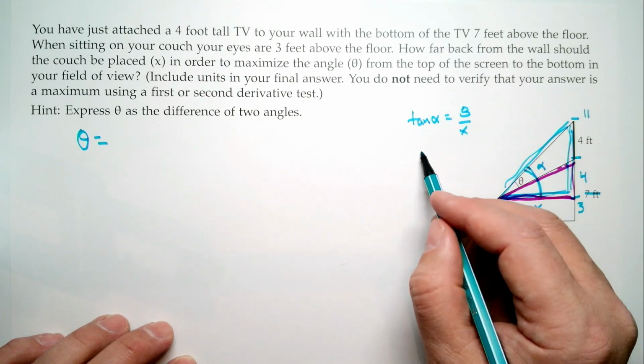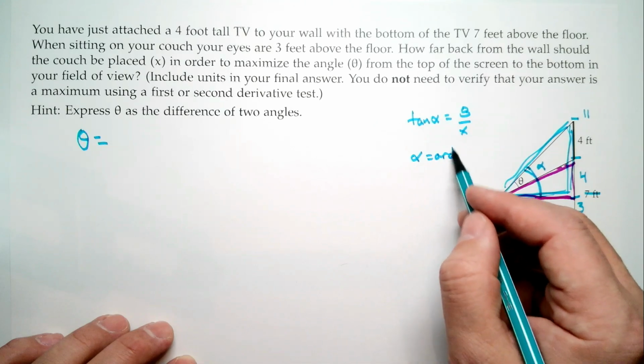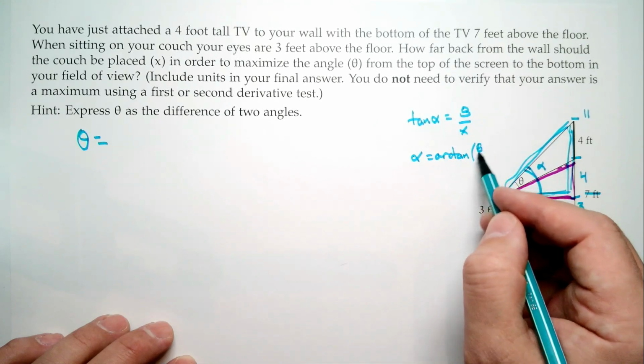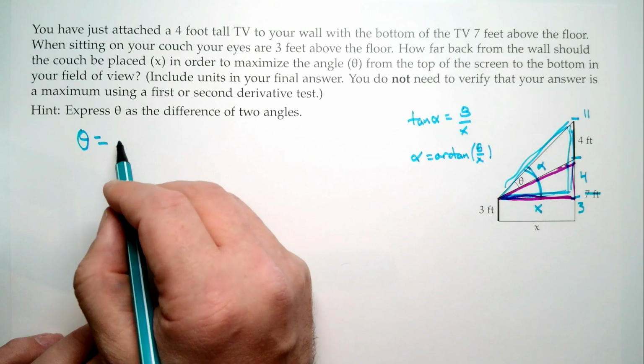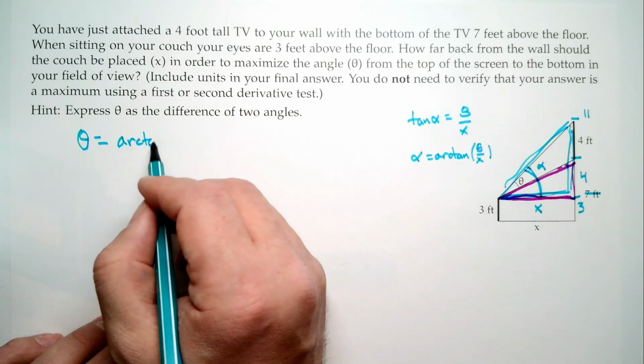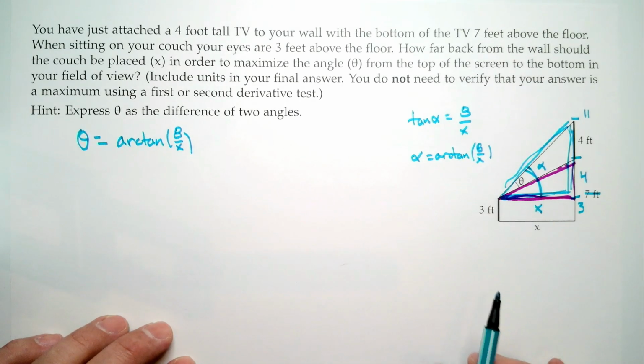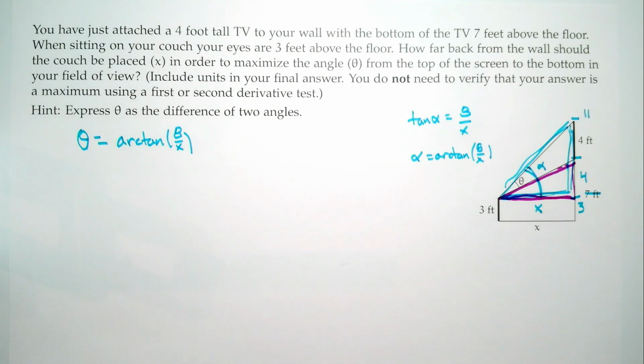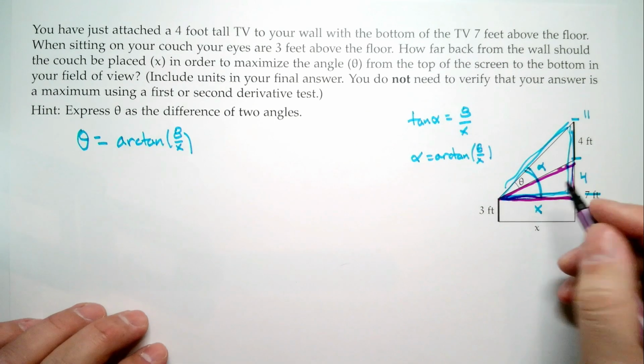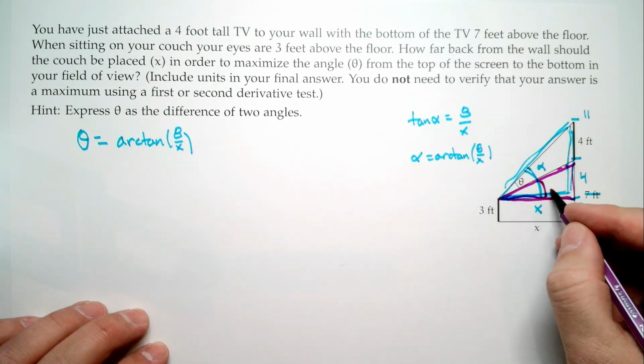So that my angle alpha is arctangent of 8 divided by x. All right, so that's my big angle. Now I have to subtract my smaller angle. So my smaller angle, that's the one in the smaller triangle. Here, I'll call that beta.